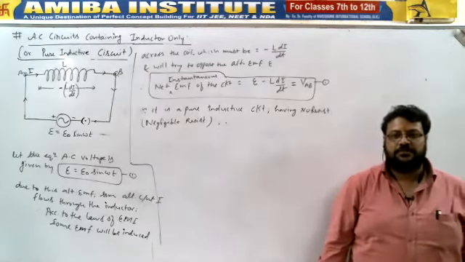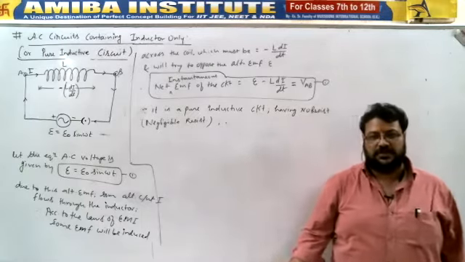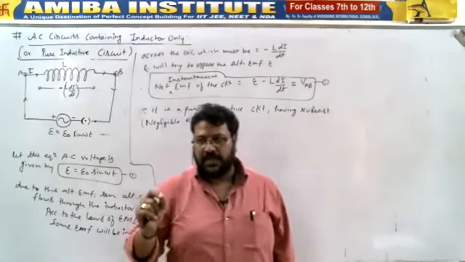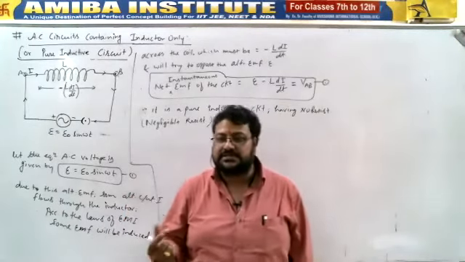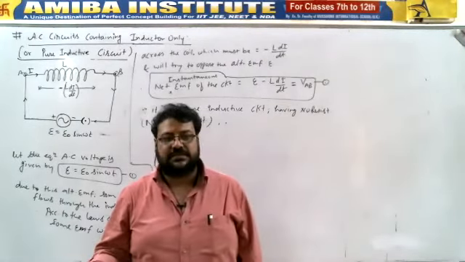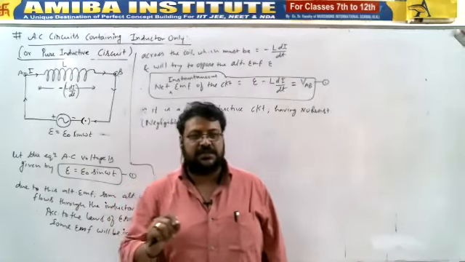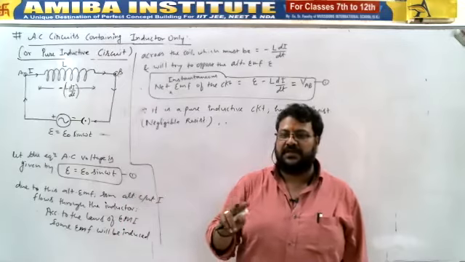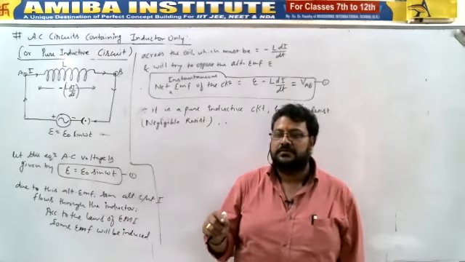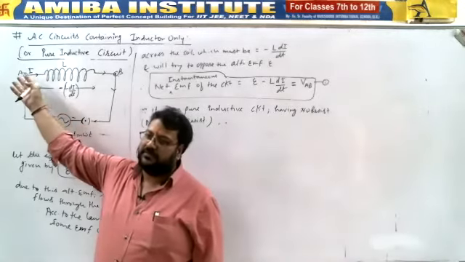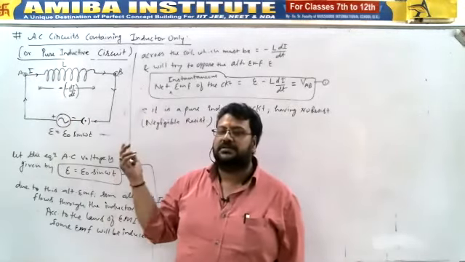No potential drop. Potential drop occurs across a resistance. If there is no resistance, then the same potential will be there at each and every terminal. It means the potential drop between A and B should be 0. If A is at 10 volt, B is also at the same 10 volt.